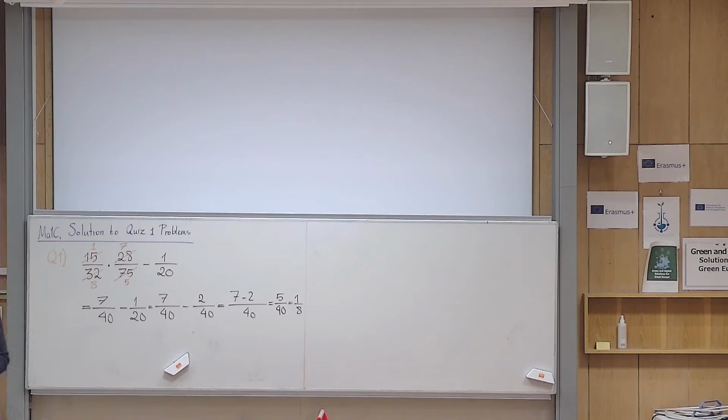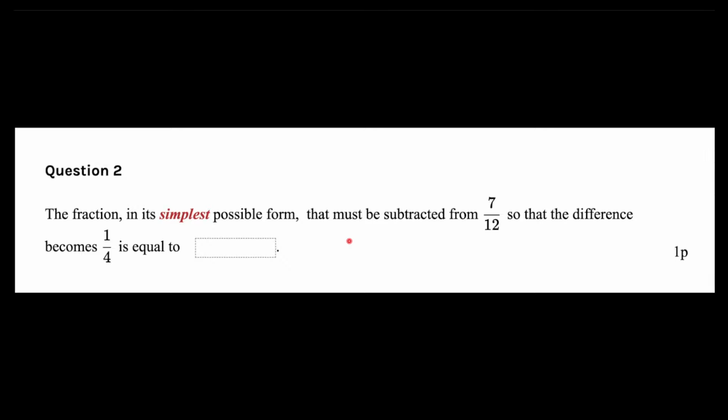Okay, now let us go to the second question. Question number 2. The fraction in its simplest possible form that must be subtracted from 7 over 12 so that the difference becomes 1 over 4 is equal to, you are supposed to find it and type it here.